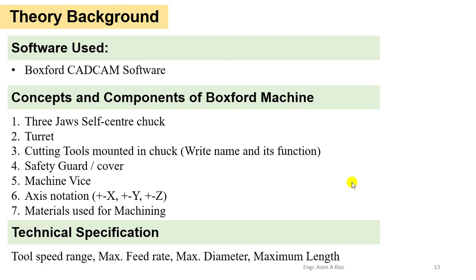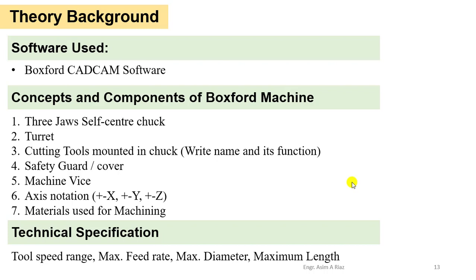It may vary from machine to machine. Here the longitudinal axis is noted as Z, while the vertical axis in the lathe mode is noted as plus minus X, and towards and away from the operator it is labeled as plus minus Y.